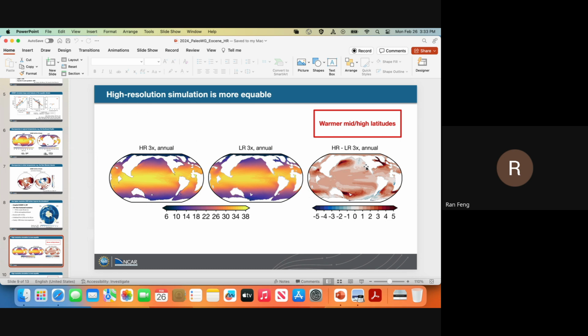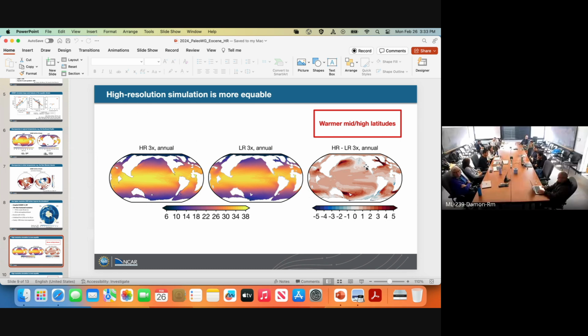There are geostrophic components, there are ocean basin adjustments. So to answer your question, we have some small signal, but if we run longer, we might be able to see a bigger impact.